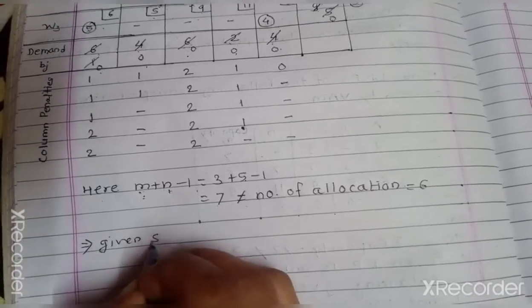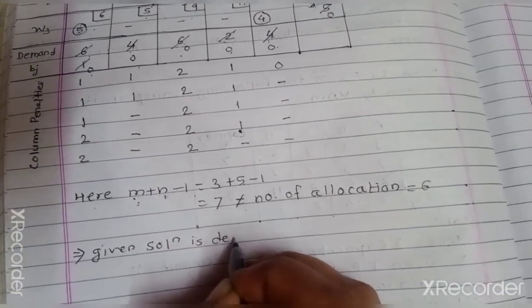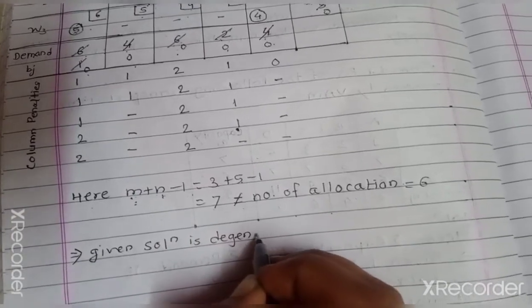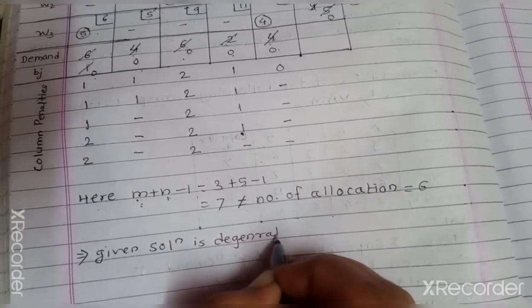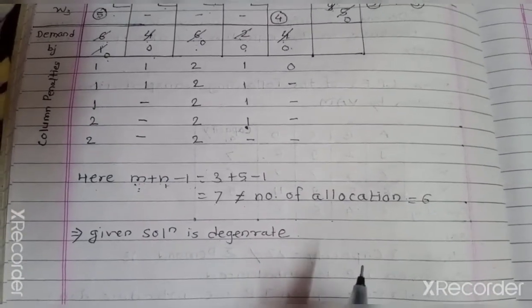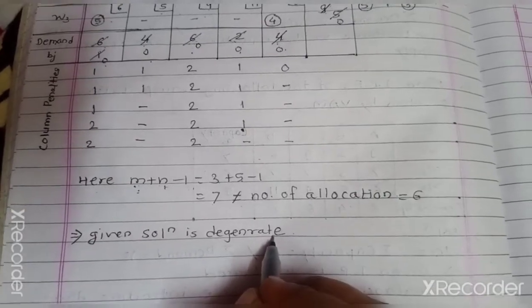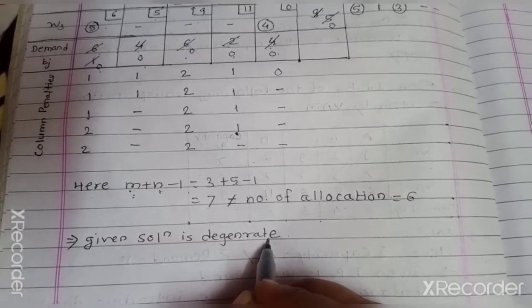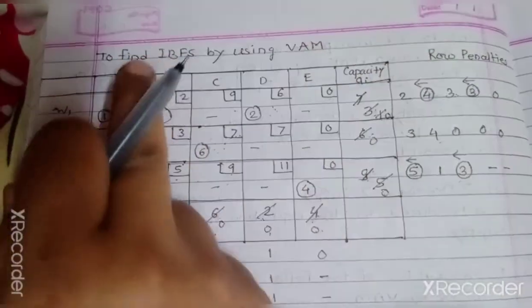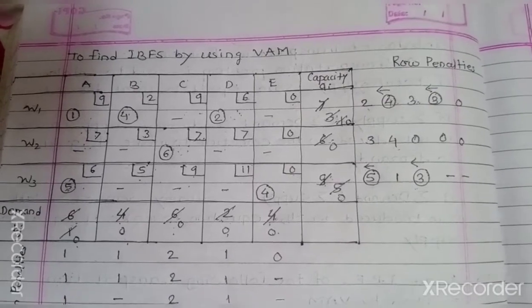This implies the given solution is degenerate. For removing this degeneracy, we need to add epsilon to an independent position in our table.